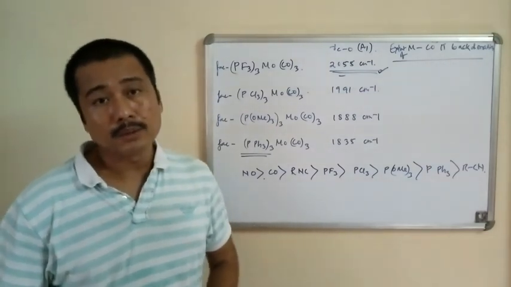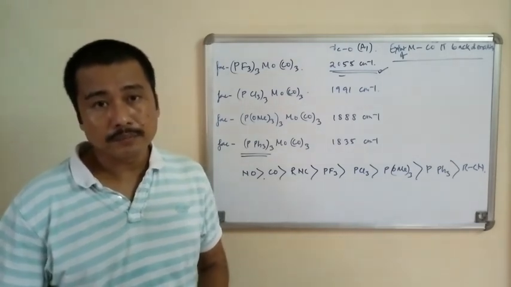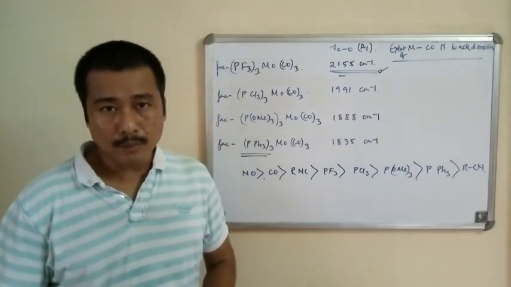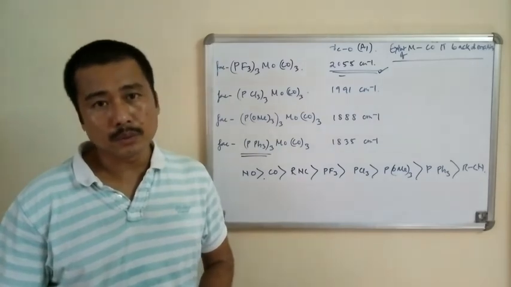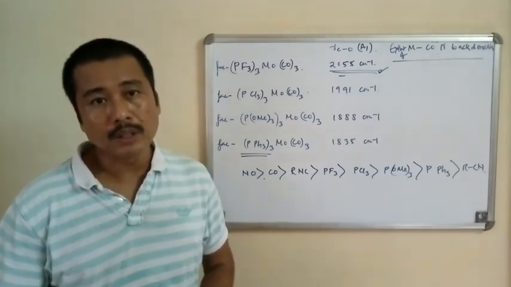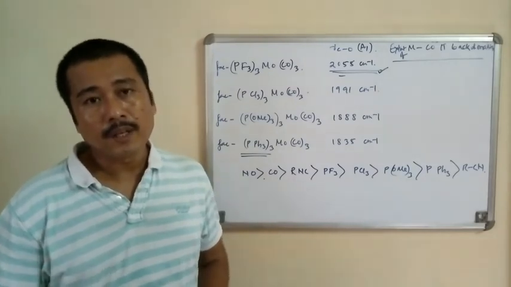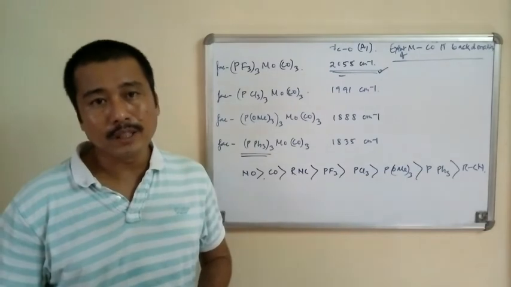So this brings us to the end of this lecture. What we have learned in this lecture is the electronic structure of metal carbonyl complexes, and this essentially allowed us to answer two very important questions in metal carbonyl chemistry. The first one is why carbon monoxide binds to metal centers through the carbon atom but not through the oxygen atom.